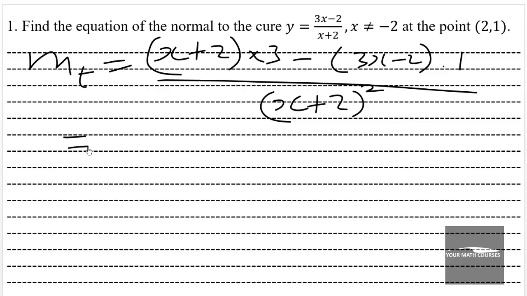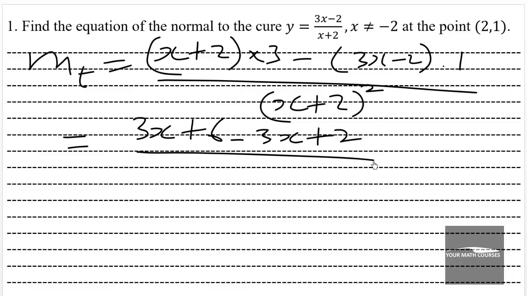So this will be equal to, when we expand the numerator, 3x plus 6 minus (3x minus 2), all over (x plus 2) all squared.